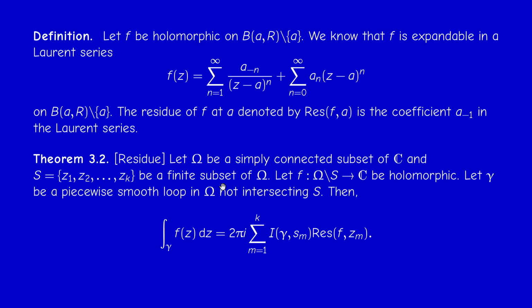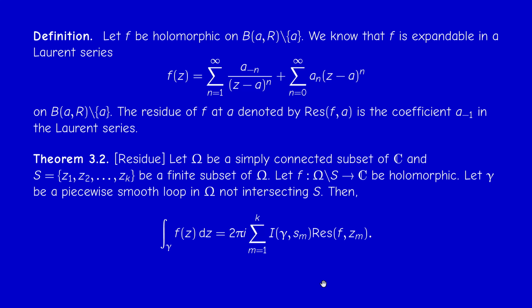If gamma is a piecewise smooth loop in omega, not containing the zj's, then the integral over gamma of f is 2 pi i times the sum of the residues multiplied by the index of gamma with respect to zm. By the way, there is an error here, it's zm here.